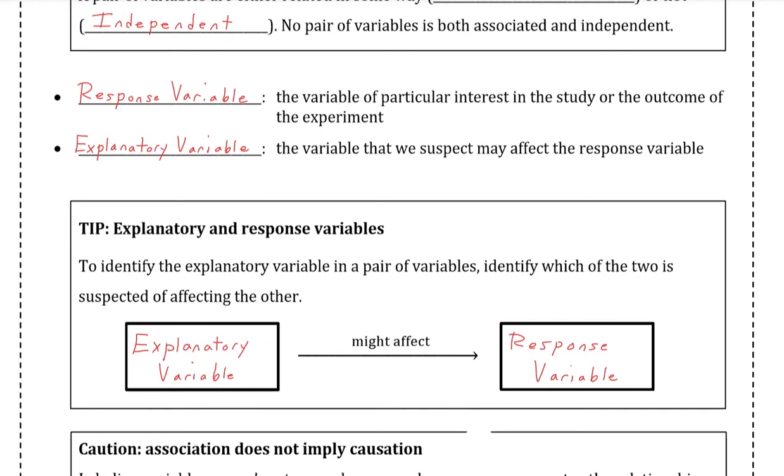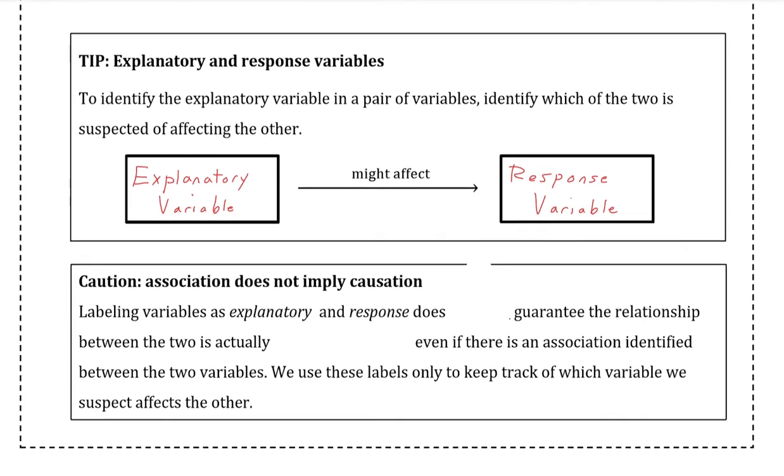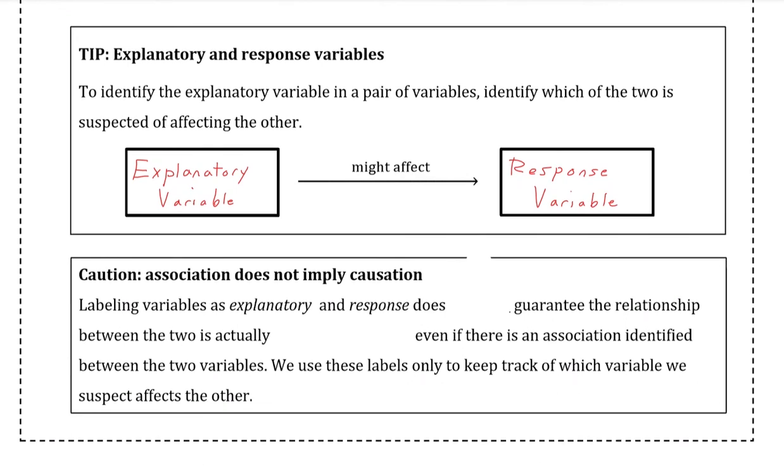However, before we get to that, we want to caution against using the tangential terminology of cause and effect, although they may seem similar. Specifically, we label variables as explanatory and response because this does not guarantee the relationship between the two is actually causal, even if there is an association identified between the two variables.